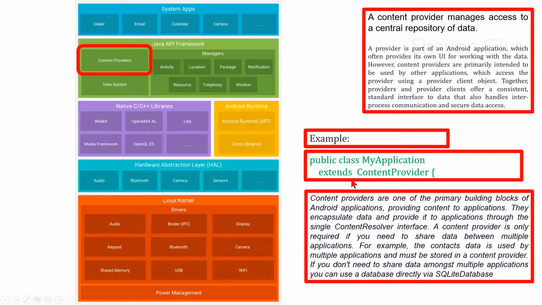As an example, we can consider the ContentProvider class. Content providers are one of the primary building blocks of Android applications, providing content to applications. They encapsulate data and provide it to applications through the single ContentResolver interface.